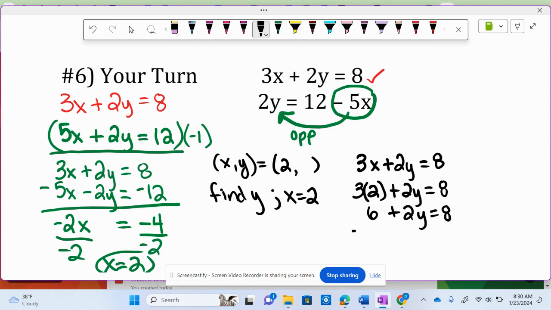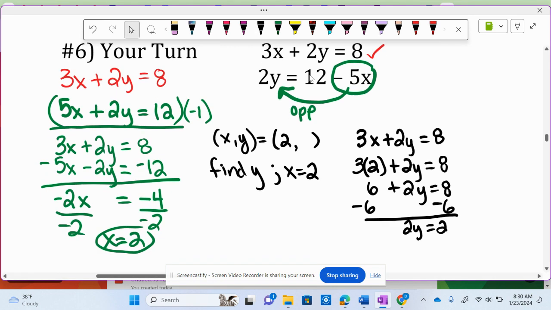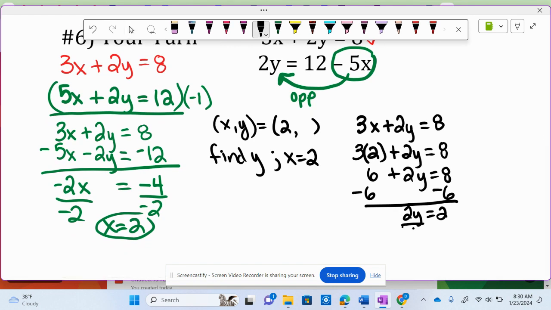I think we need to subtract 6 from both sides. So 2y equals 2, which means that y equals 1. So the solution is the ordered pair 2, 1.